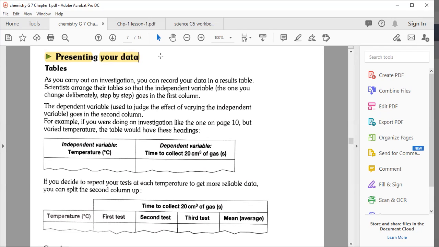You can write a table like this, with independent variable temperature and dependent variable time. You know that time is moving constantly. It will never change, but temperature you can change. Here you also see the first test, second test, third test, and the mean value. Whatever results you get, add all of them and divide by 3, and you get the mean or average value. My dear students, till here, if you have any question, please raise your hand.